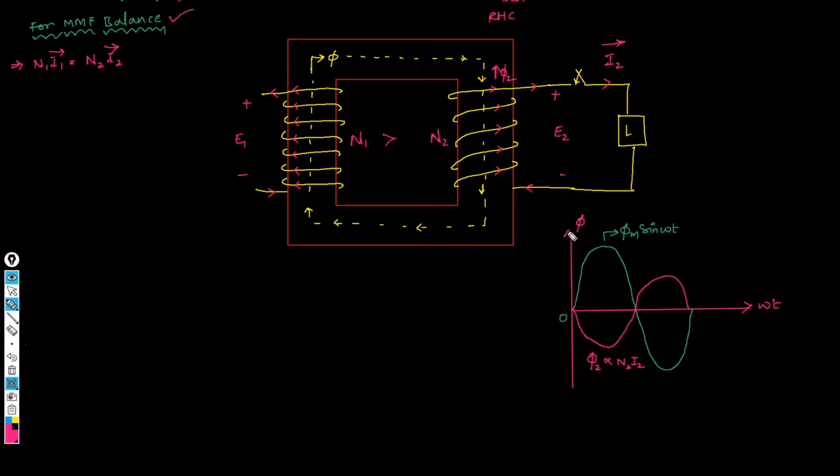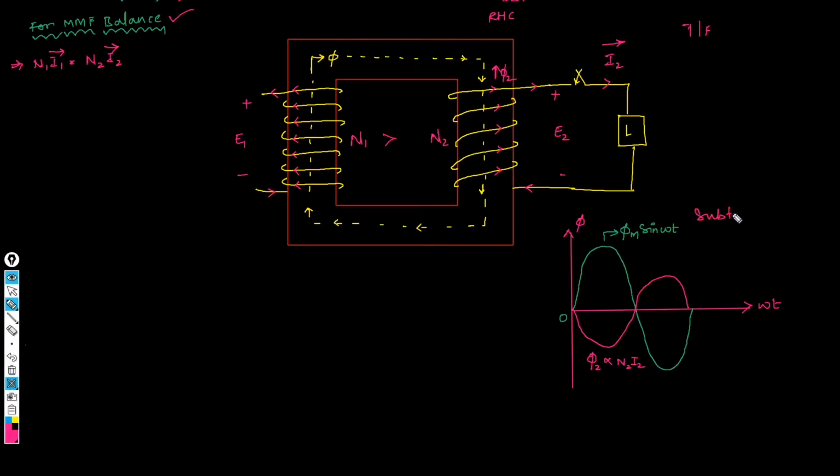We generally say in a transformer the flux remains constant, but here you can see there is an adding and subtraction of the flux happening at one particular point of time, so that is not very true. There is an opposition to this particular flux.